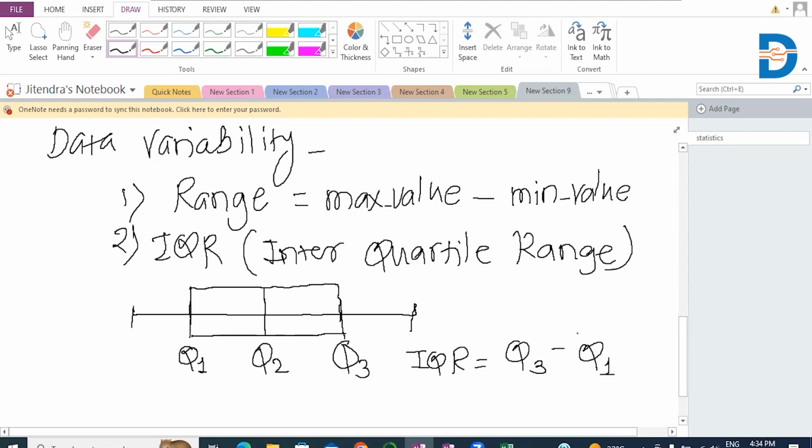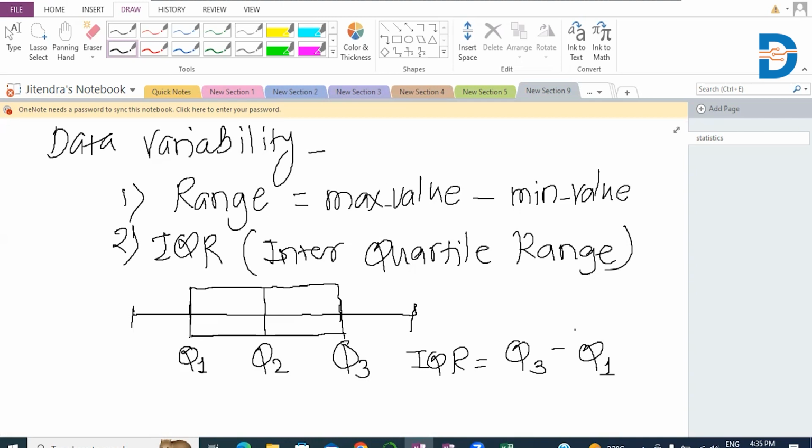Right? So here also we consider only 50 percentile data. Here we are not focusing on the whole 100% data. We just focus on the 50% data which lies in the center around the median, 25% before the median and 25% after the median.